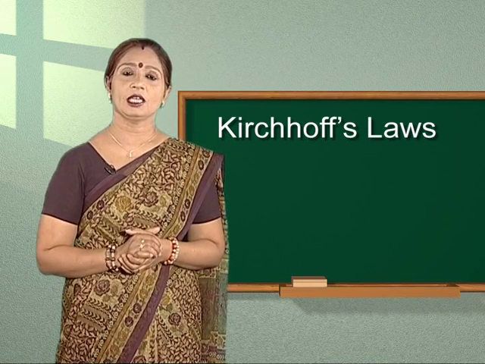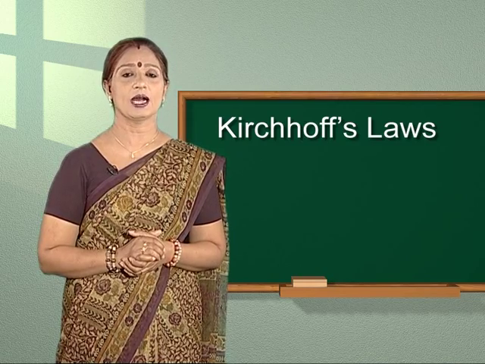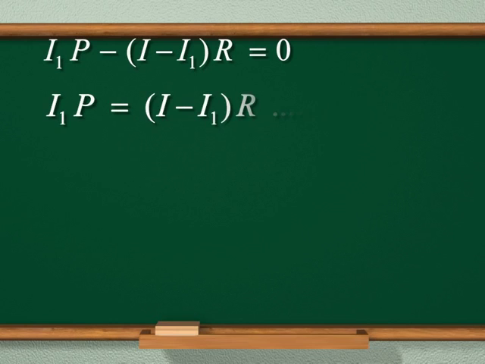Putting Ig equal to 0 in equations 1 and 2, we get I1 P minus (I minus I1) into R equal to 0, or I1 into P equal to (I minus I1) into R. Let this become equation 3.